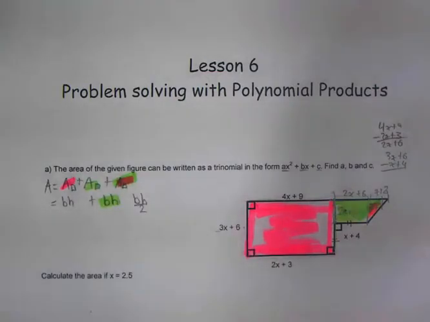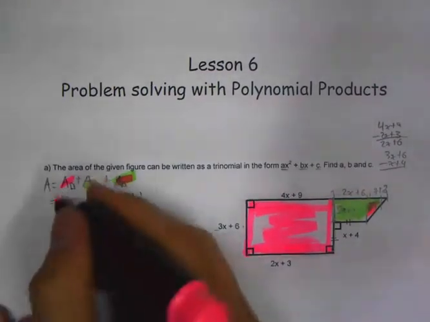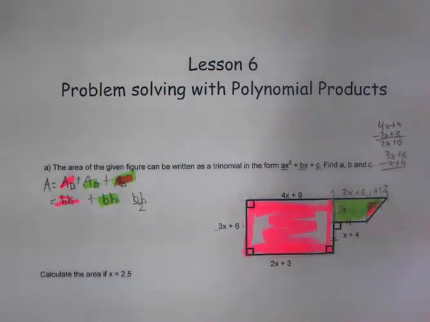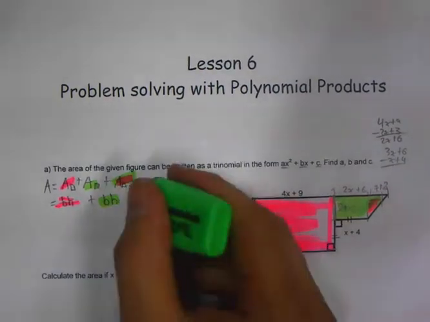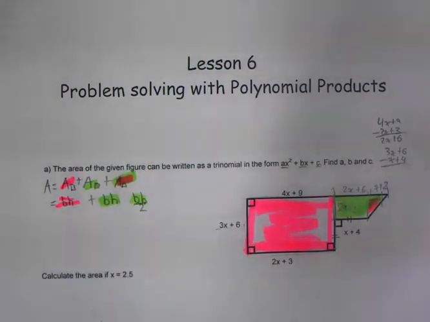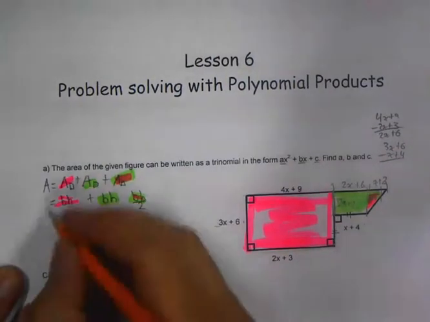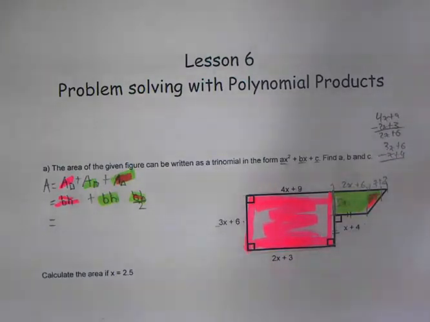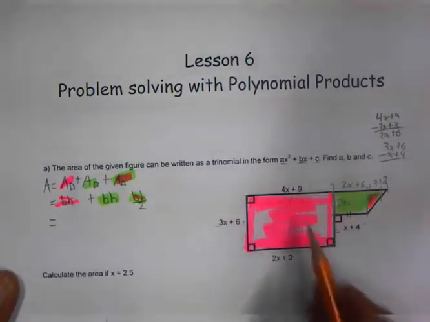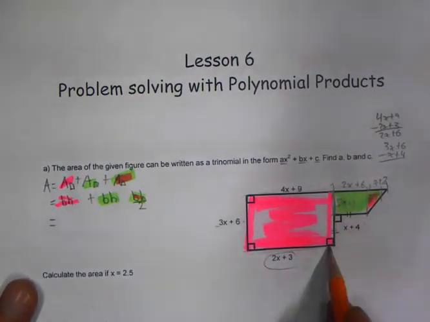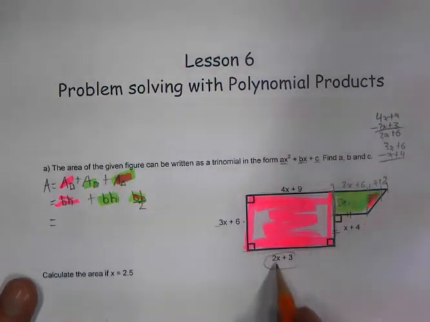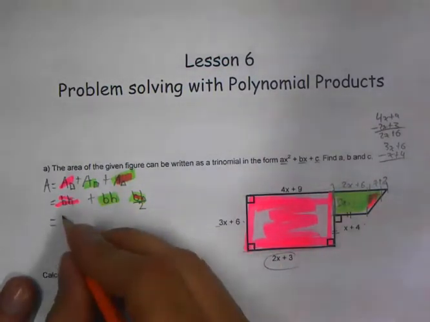This is my green. This here is my pink. And this guy here is a combination of green and pink. Now let's try and solve these out. What is the base and height of this pink one? Well, this is the base, this is my height, so it's 2x plus 3 multiplied by 3x plus 6.